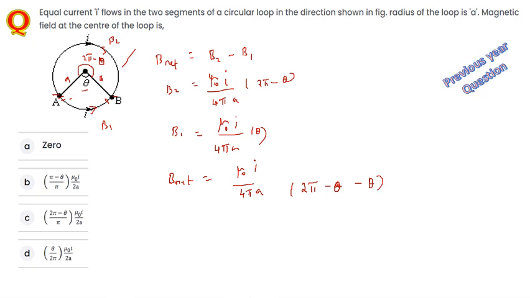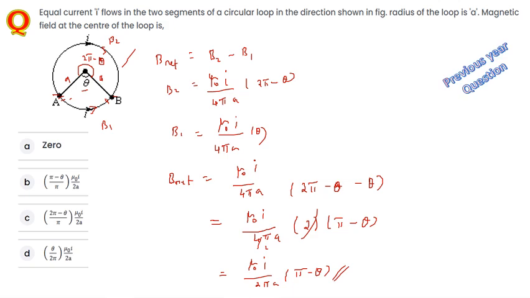So we have 2 pi minus 2 theta. Taking 2 out, we get pi minus theta, and the 2 cancels with the 4. So the answer is mu naught I divided by 2 pi A into pi minus theta. Remember, this is most important.